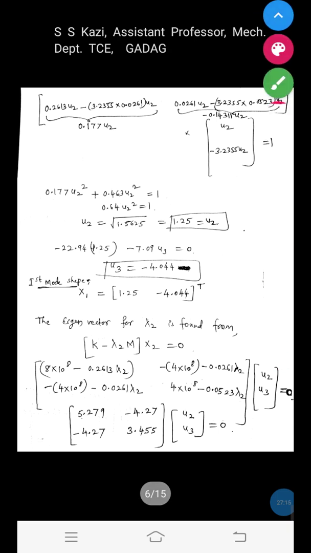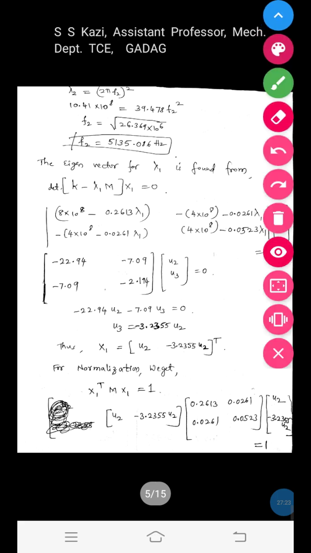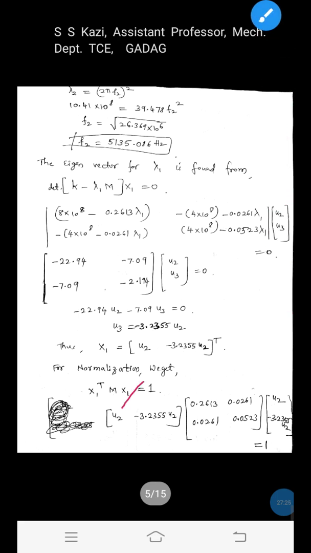Now here you can observe the first multiplication. First row first column: u2 into 0.2613 minus 3.2355 u2 into 0.0261 gives the first term.